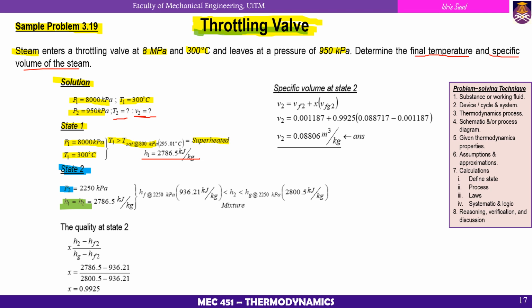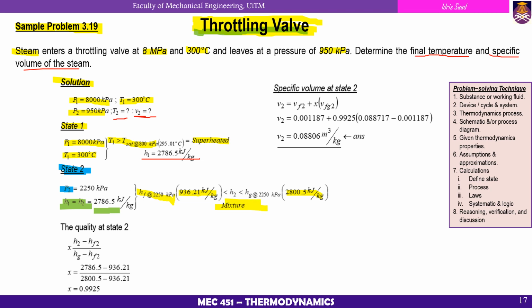So H1 is equal to H2 is equal to 2786.5. So what we get here is HF at 2250 kilopascal is 936.21 kilojoule per kilogram, smaller than H2, smaller than Hg at 2250 kilopascal, which is 2800.5 kilojoule per kilogram. Then state 2 is in mixture region.